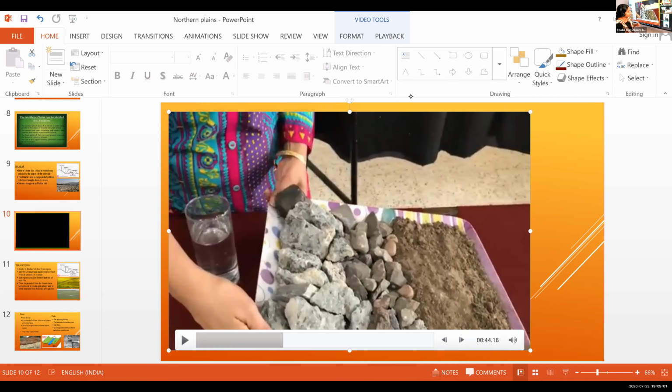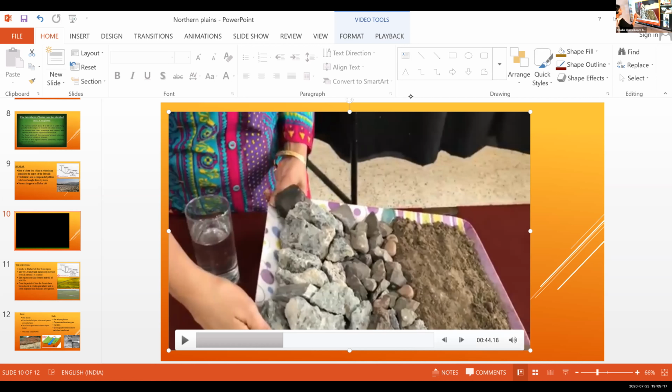Foothill means the lower part of the mountain, the plain area.